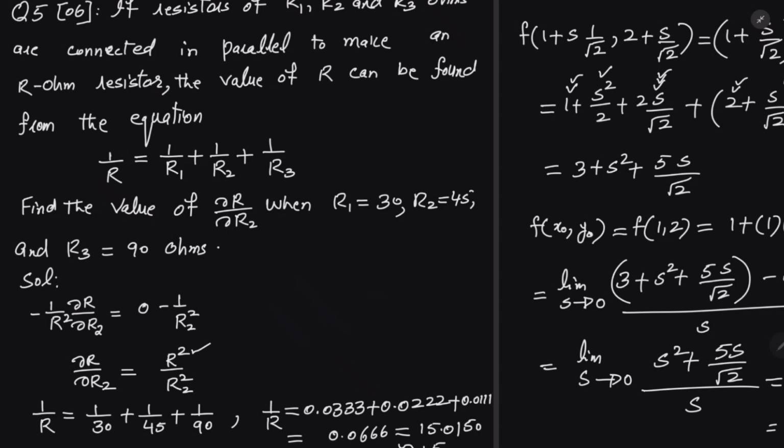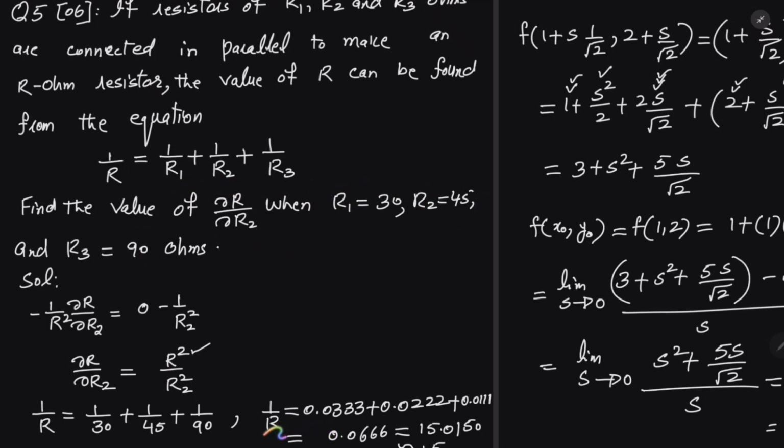The problem with this question is that on the right hand side, in order to find the value at these points, we need a value for R. That R can be obtained when you put R1 over here, R2 over here, then R3 over here, and then take a reciprocal.